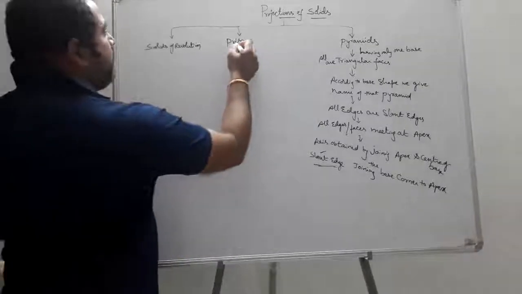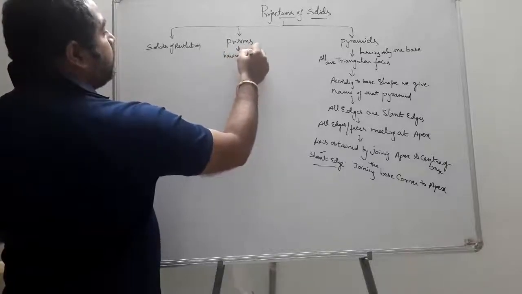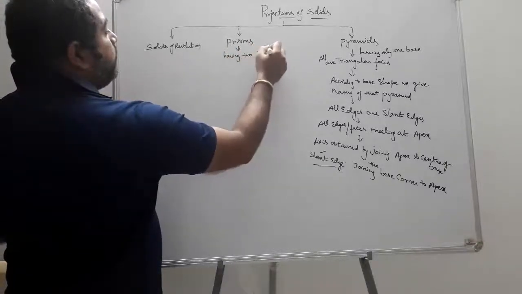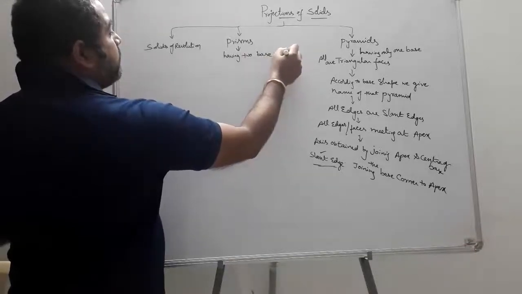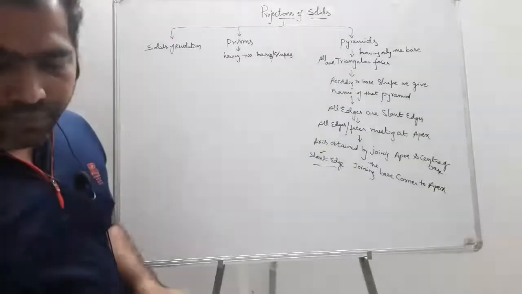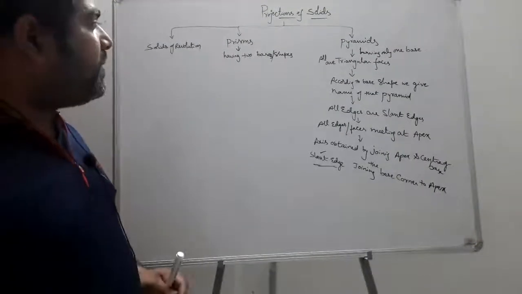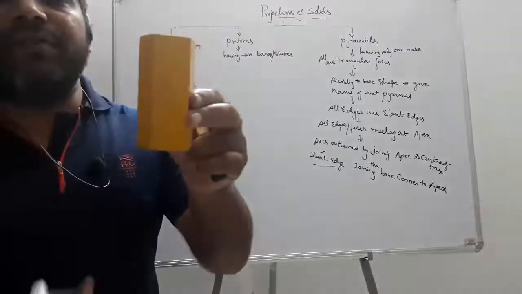So this pentagonal prism has two base shapes, or two bases. Next, while coming to faces, let us see what the shape of the faces is.